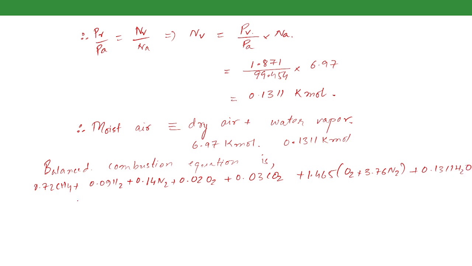Okay, these combined give a product of 0.75 carbon dioxide plus 1.53 plus 0.1311 water. So with the dry air it was 1.53 kilomoles of water. Now this moisture will also remain unreactive.